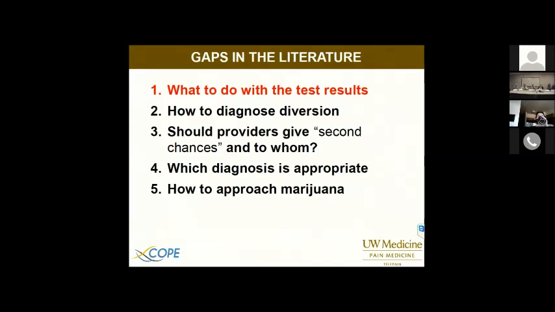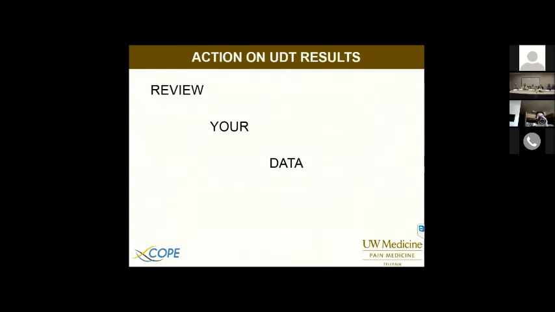So what do we do with the test results? We know we can't diagnose diversion, and you get a lecture on diversion through this program. The urine drug test does not help you with diversion. It may make you think about it, but it doesn't diagnose it. Who should get second chances? Which diagnosis is appropriate for opioid therapy, and how to approach marijuana?